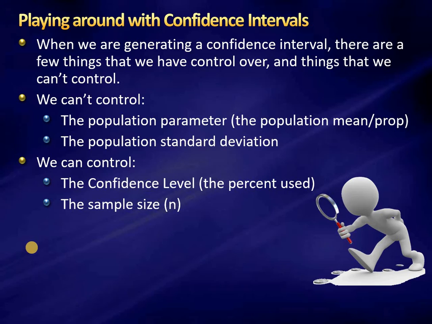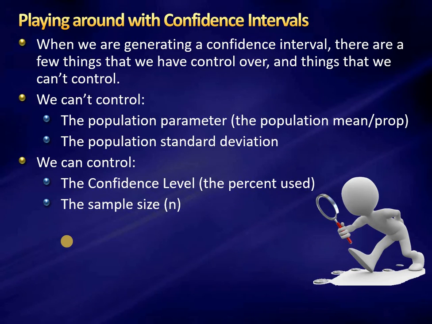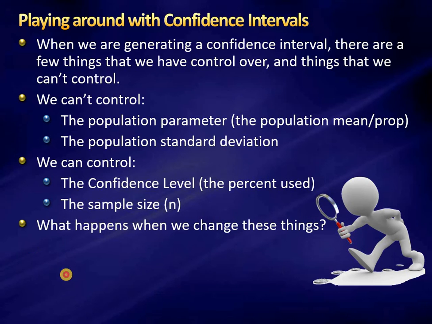So what we're going to ask is, what can I do to make my confidence interval wider, narrower? What sample size do I have to have for a confidence level of this exact size? I can do those, but the only things I can change are your confidence level and your sample size.